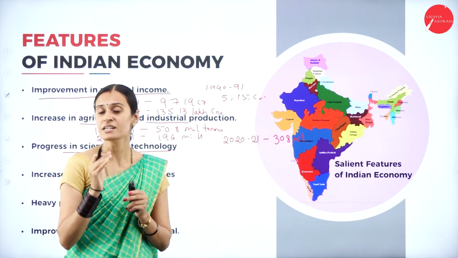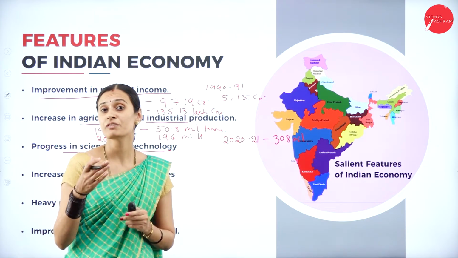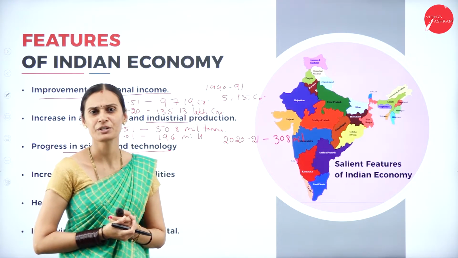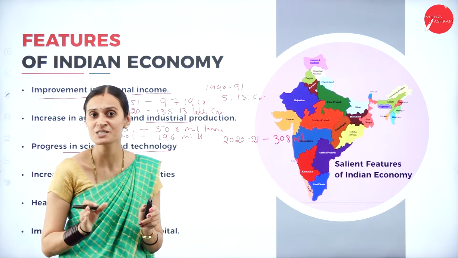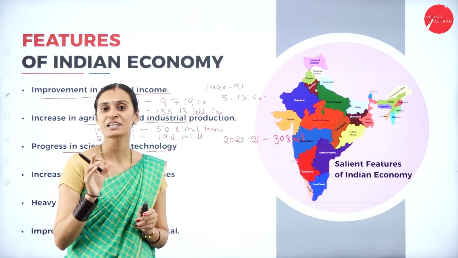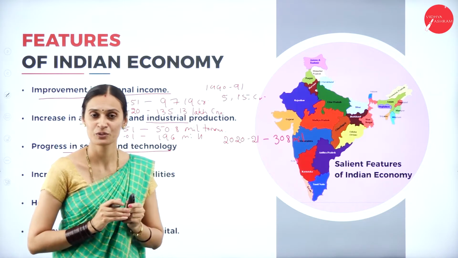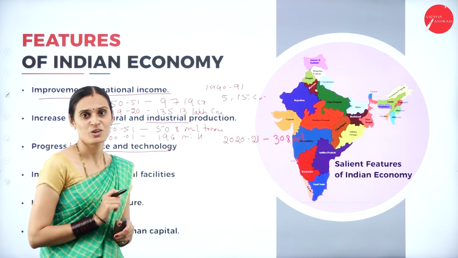Science and technology is a significant field, and the government is also taking different measures to improve it. Nowadays, India has the largest number of scientists and technicians, and they are demanded by different countries all over the world. This is a remarkable achievement in science and technology.